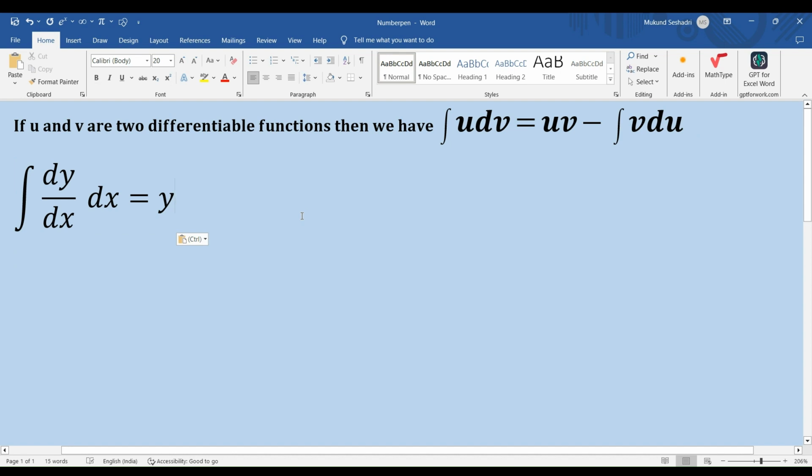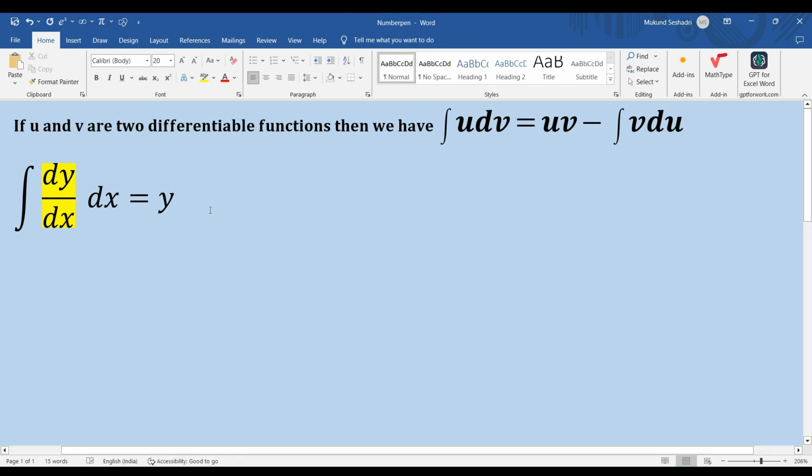This is what it means, right? Integral of dy by dx times dx equal to y. So in all those problems we have solved so far, what we've been given is dy by dx. And when you've been asked to integrate dy by dx with respect to x, what we are doing is integral of dy by dx times dx, right?